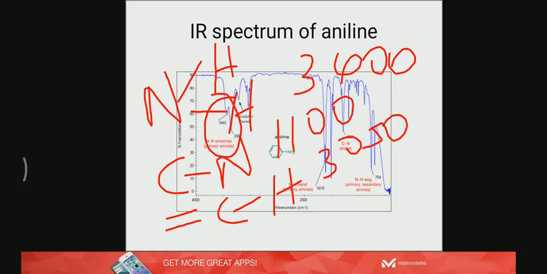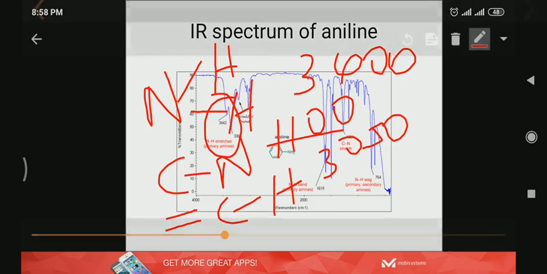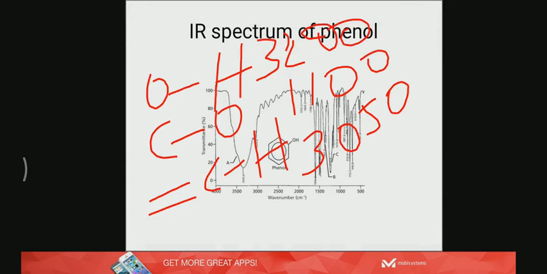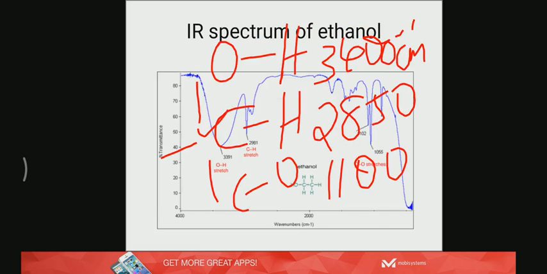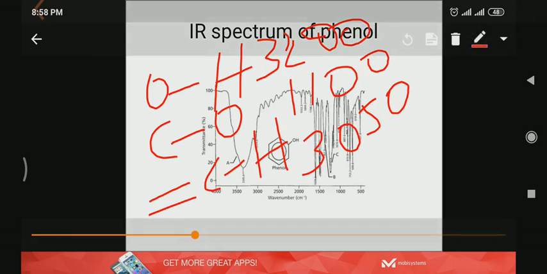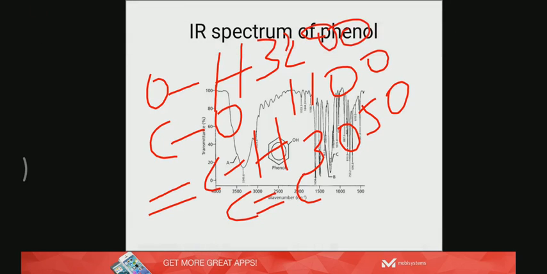One more point regarding aromatic compounds, that also comes in the case of aniline. Remember, not only aniline, phenol also, for any aromatic system there will be carbon-carbon double bonds in the ring, and that will show very characterizing peaks at 1600 as well as 1475. Two peaks you will get for aromatic CC stretching.